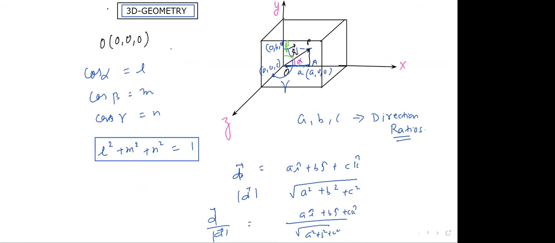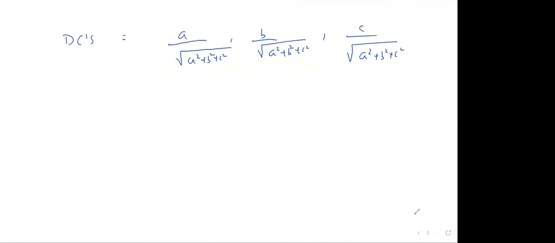If we take triangle OAP, this is alpha, this distance is a, and this is r.